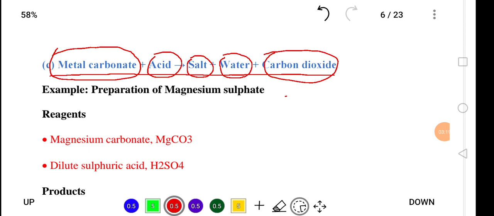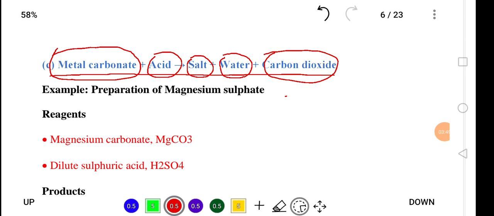When we are using metal carbonates, we are going to have carbon dioxide as a product apart from salt and water, because in a metal carbonate we have a carbonate which will be a source of carbon dioxide. Therefore, carbon dioxide is produced as one of the minor products.